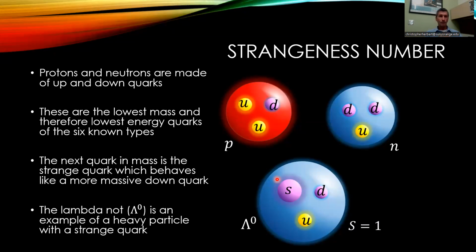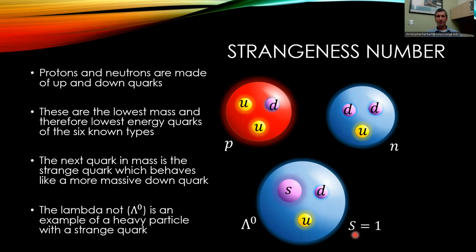Now, what other numbers do we have? It almost seems like we come up with an unlimited number of different numbers. Another type of number which is conserved is strangeness. And this was really important at the beginning of the discovery of quarks. And again, I hope I'm doing this justice.